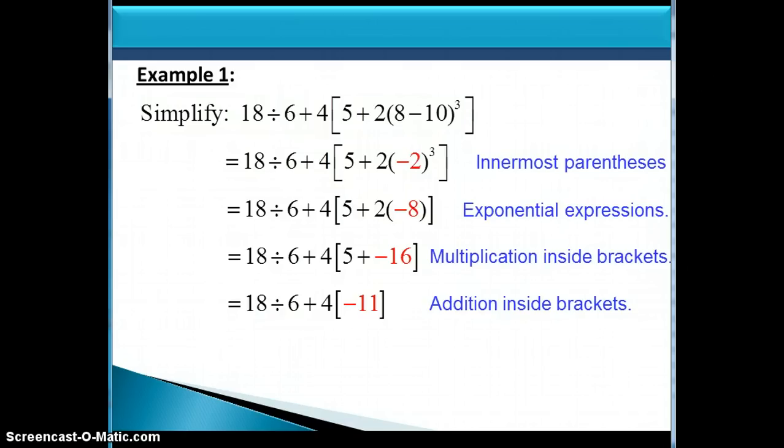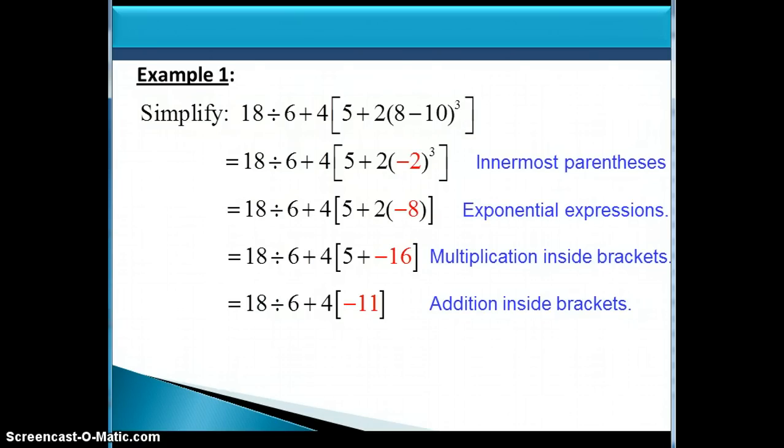Now if we go to the next step after grouping symbols, we would perform any exponents that are outside the grouping symbols, and there are none. So then we move to multiplication and division in the order in which they occur as we move from left to right. As you read the expression from left to right, we have a division and then we have a multiplication later.